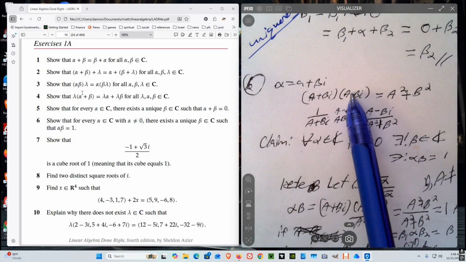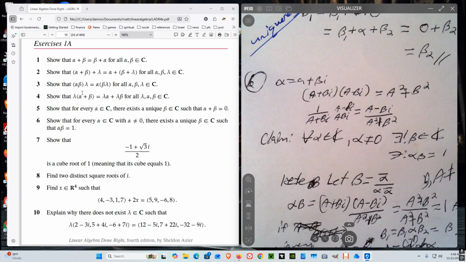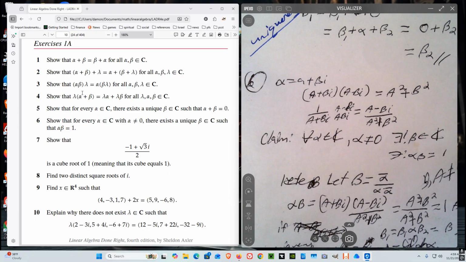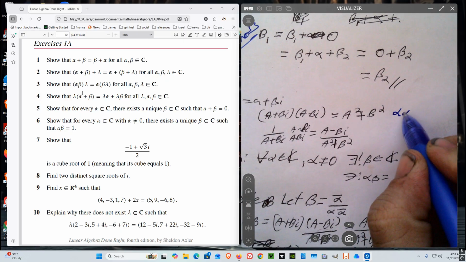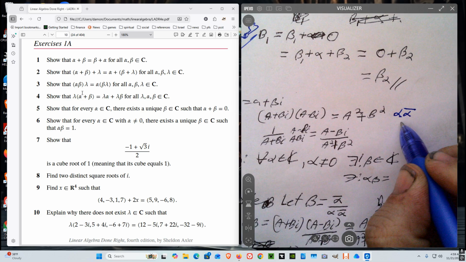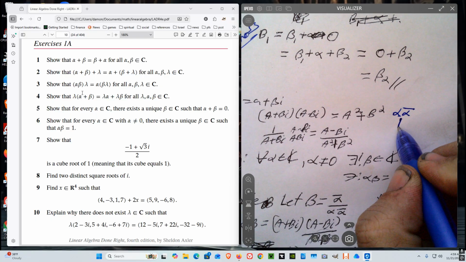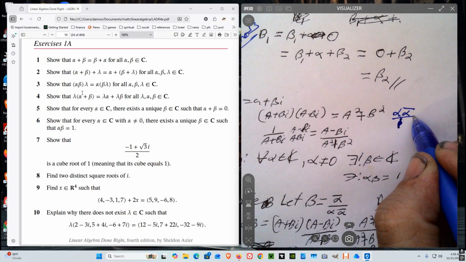Now, I know that multiplying by the conjugate gives a real number. And I know that dividing by the same real number gives 1. So the idea is to do alpha conjugate over a squared plus b squared.